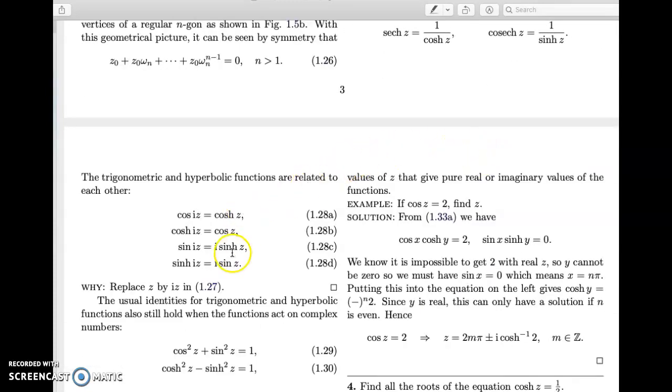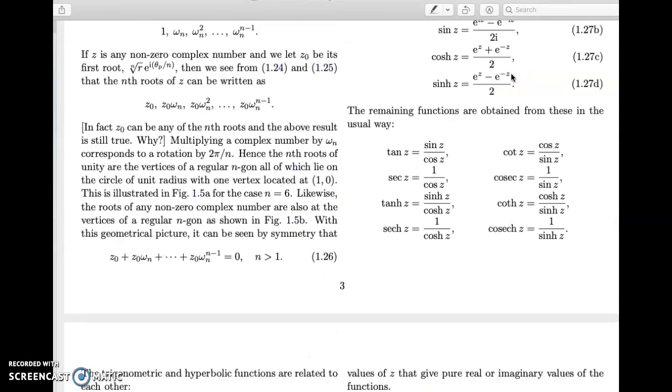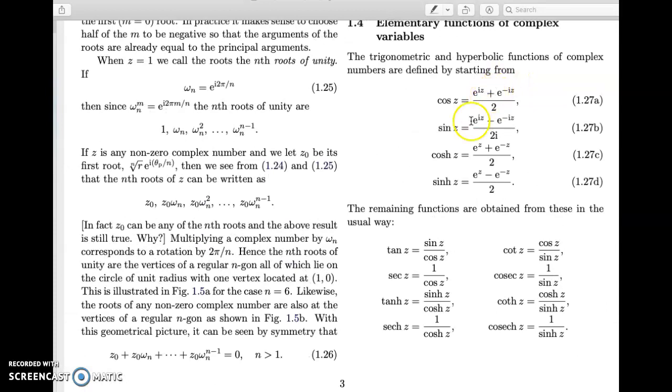That's the first two dealt with. Then same with sine and sinh. Then you get this extra factor of i coming in. Again, that's fairly straightforward to see. If you've got sinh of iz, then you're going to get i's here, but you haven't quite got sine z.